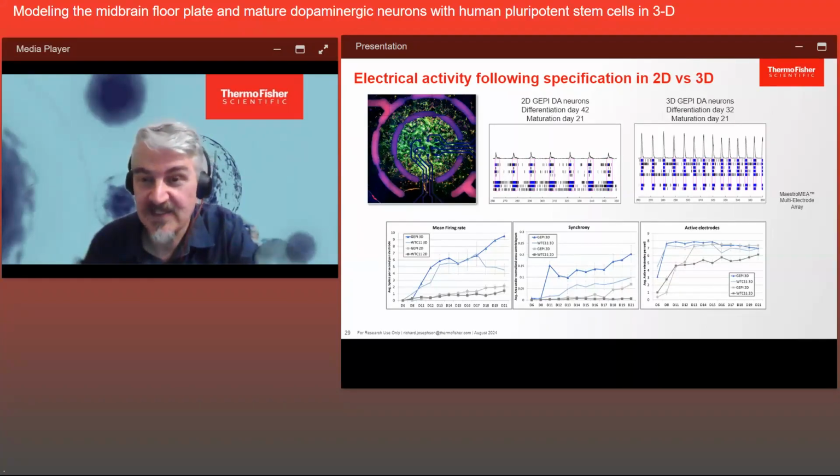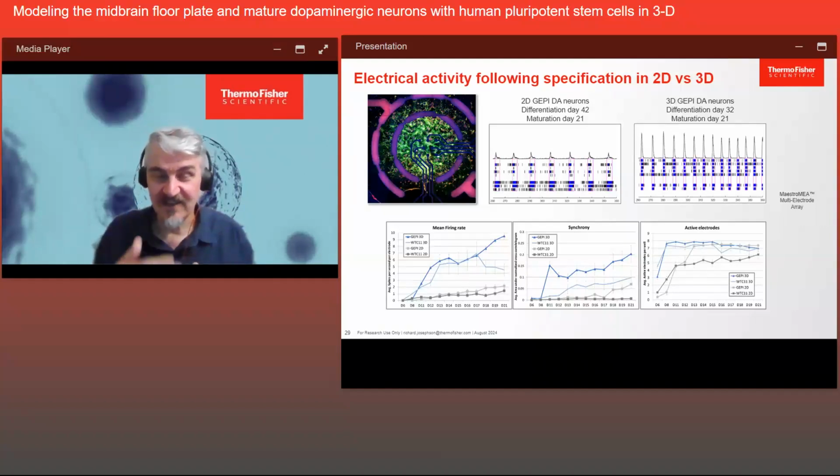So these two plots on the right-hand side, top row, are called raster plots. Each action potential that the MEA detects is a vertical black bar. Where there are action potentials that are simultaneous across multiple electrodes, those are called out by changing the vertical bars' color to blue and adding these purple outline boxes that show you coordination of activity across space.